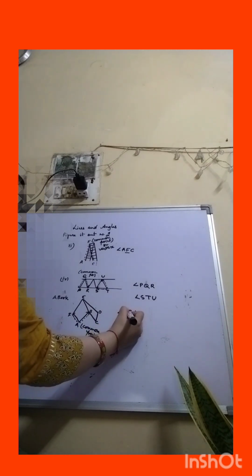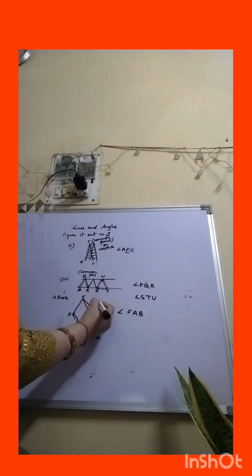So these are the two rays. How would I name the angle? Two rays are going from point A, so A can become a vertex. So A would be written in the middle and I will get FAB. This is the name of the angle.